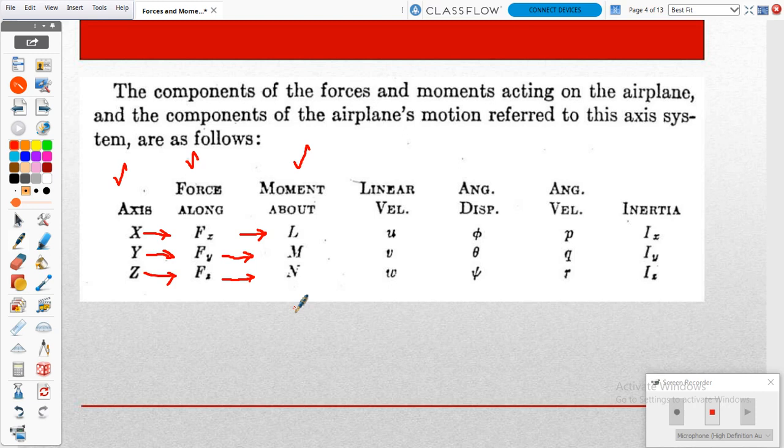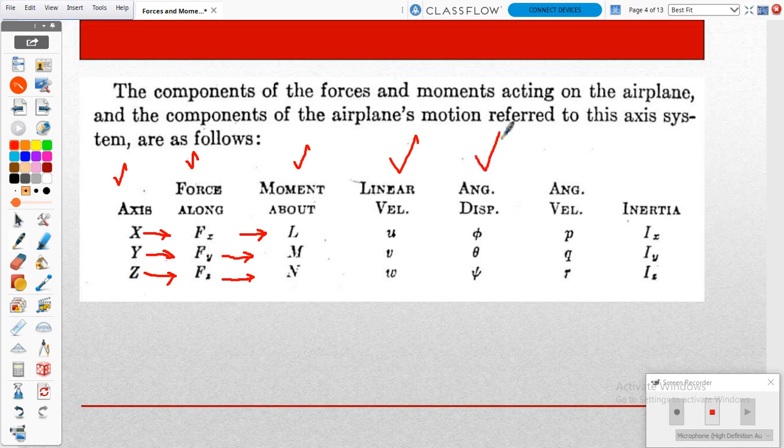Next, linear velocity, which we denoted in the diagram. For the x-axis it is small u, for the y-axis small v, and for the z-axis small w. These are the linear velocities indicated in the figure.